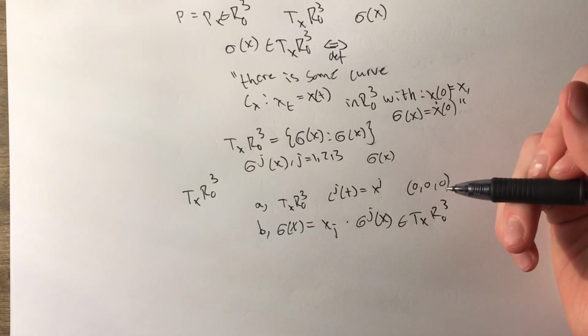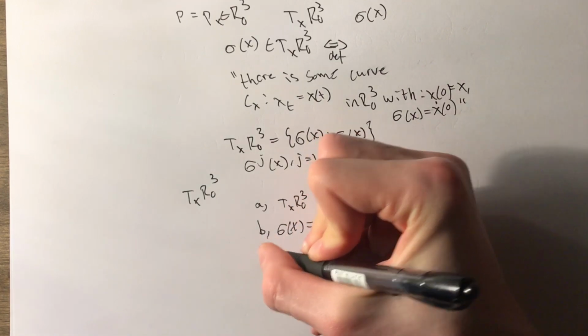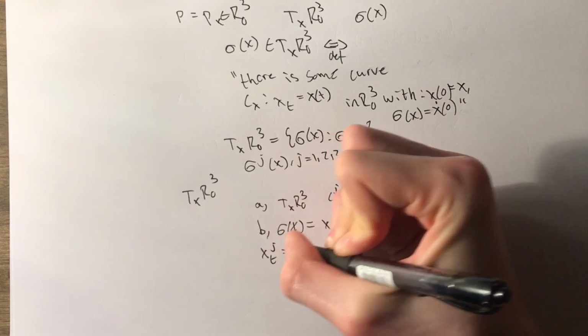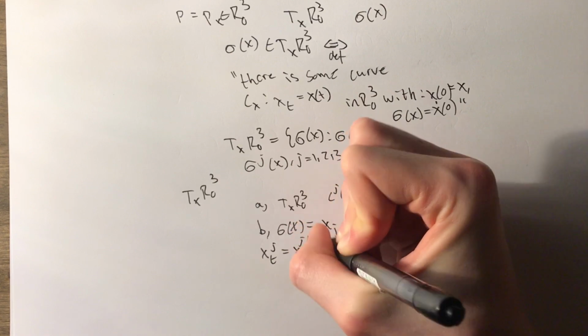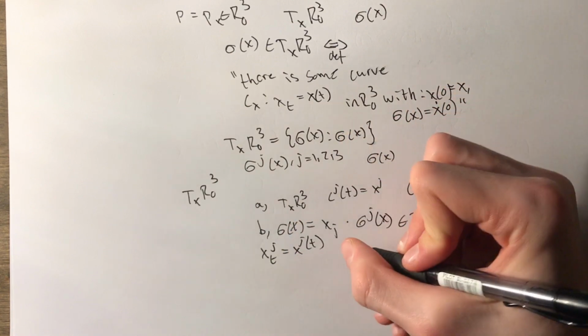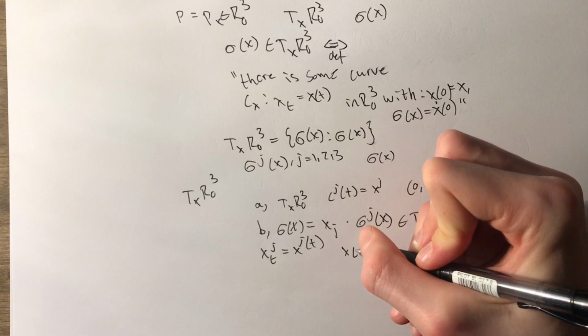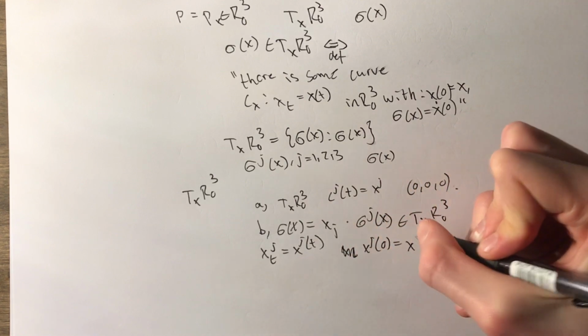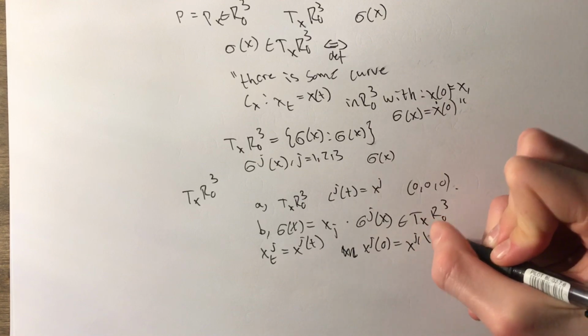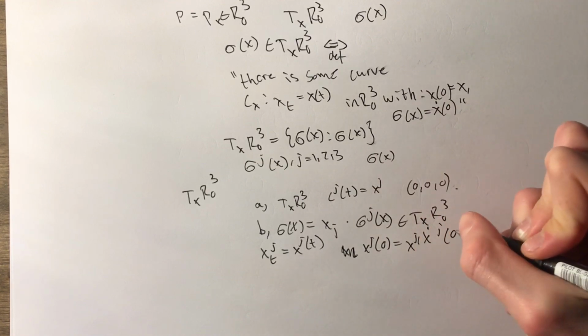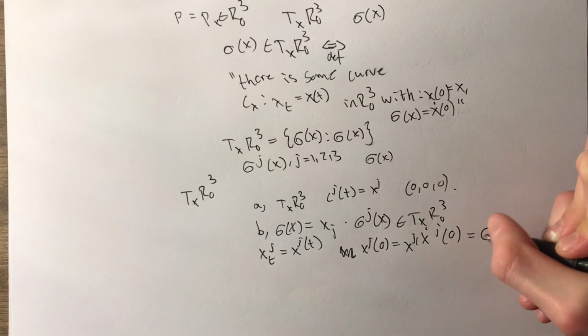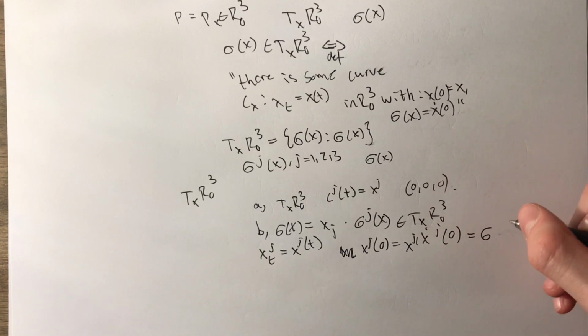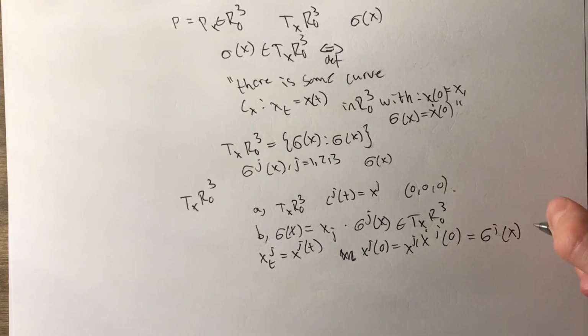And then, according to the definition of tangent spaces, there is a curve x_t^j equal to x_j of t, such that x_j of 0 is equal to x_j, and x dot j of 0 equals sigma j of x.